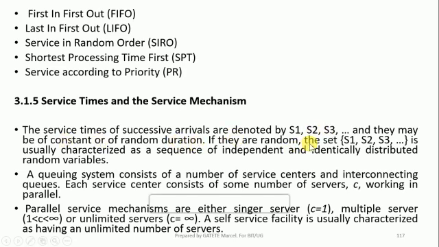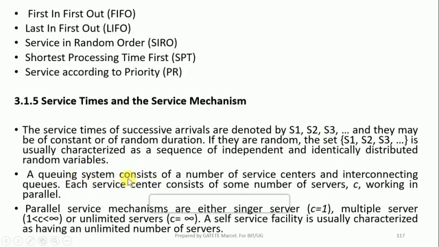If they are random, the set S1, S2, S3 is usually characterized by a sequence of independent and identically distributed random variables. So we use random, but those variables must be independent, because the duration of one service is independent from the duration of another service. So it is different.